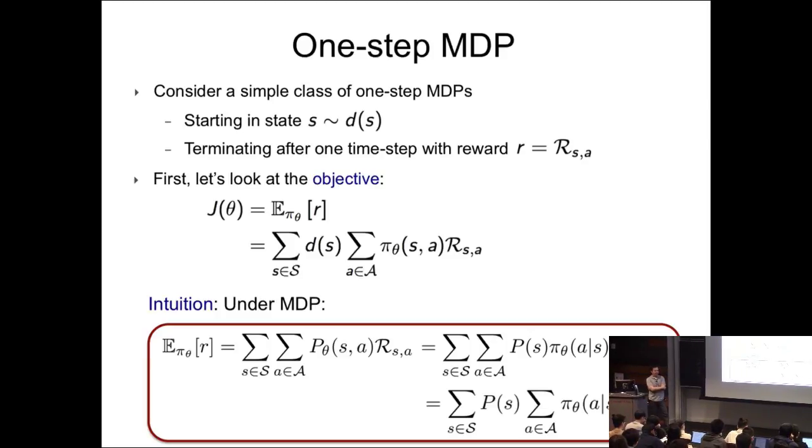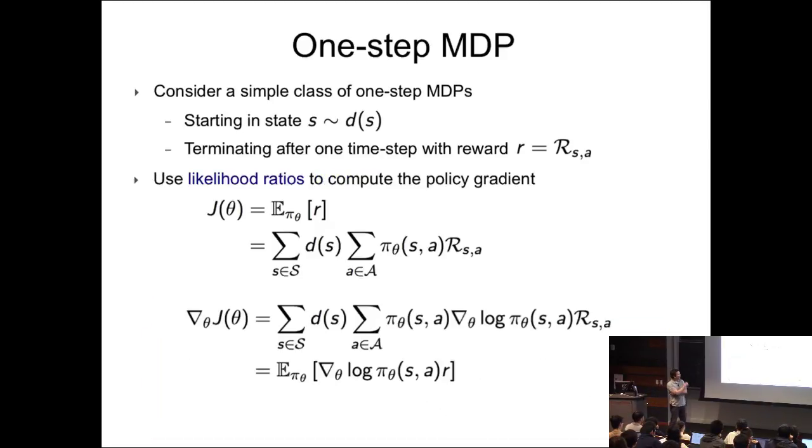Okay? I can't really tell whether this is confusing or so obvious that I'm spending too much time on it. But nonetheless, let's look at that. And now let's use the likelihood ratio to compute the policy gradient. Okay? So what's happening here?